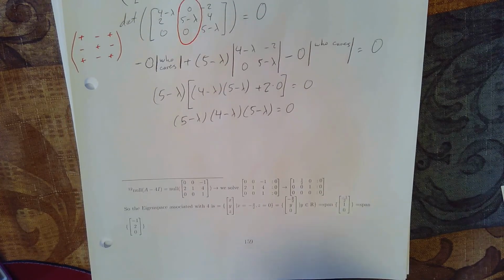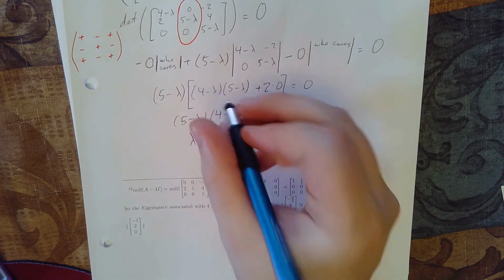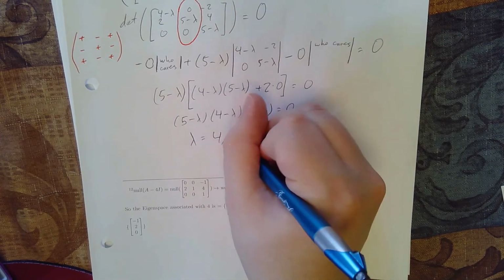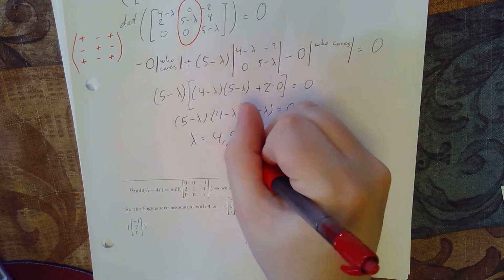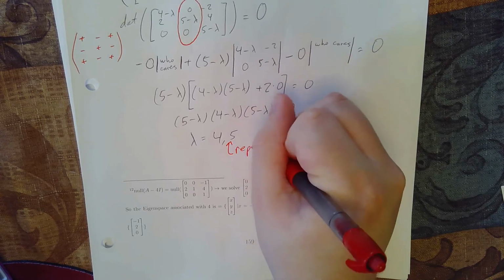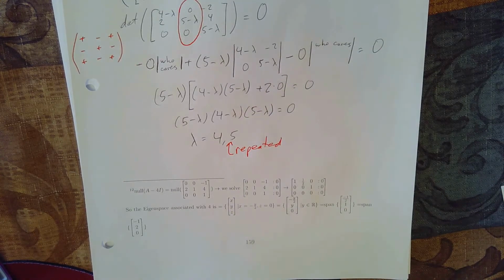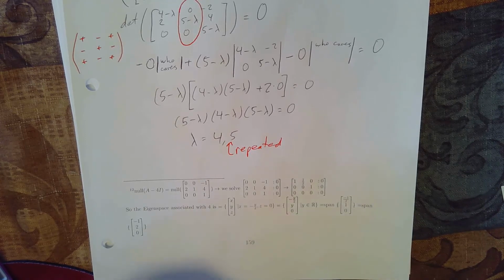This tells us that we have eigenvalues of 4 and 5, with the 5 being repeated. As we talked about in the last example, because the 5 is repeated, there's a chance we can't diagonalize this, but we still need to do our due diligence and verify that for sure.